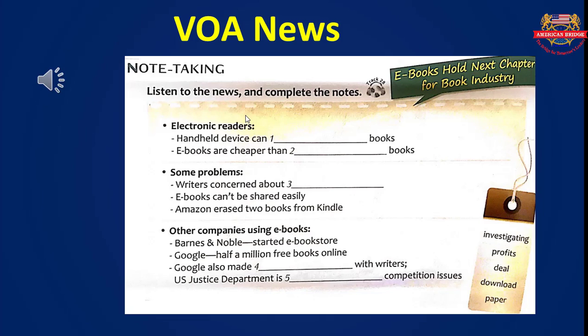Listen to the news and complete the notes. Today we don't need to listen, but you have to fill in the blanks by using the words at the right side. Here we have the words investigating, profit, deal, download, and paper.